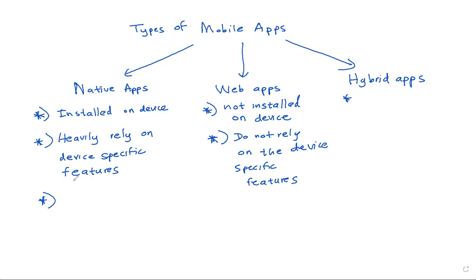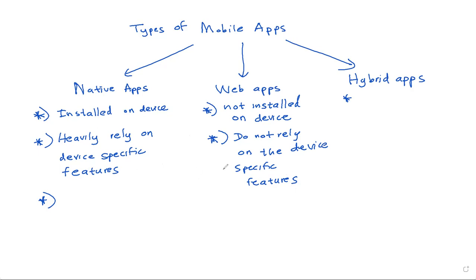So in native apps, we rely heavily on the device's features, such as the camera, GPS sensor, accelerometer, any kind of sensor in the device. However, in web applications, we do not require such data from the device. We need to access the browser and get the data from the web browser. So in web apps, we do not need to rely on the mobile device's specific features.